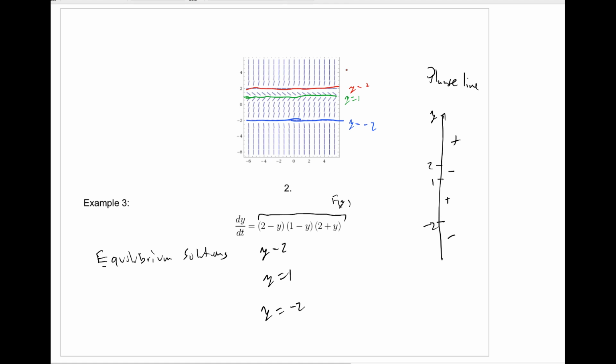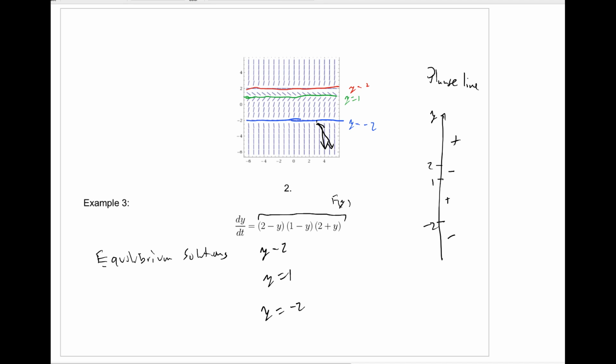So what can we say about characterizing these equilibrium solutions? Well, if there's a small deviation away from the equilibrium solution y equals negative 2, you can see that solutions will diverge very quickly here.